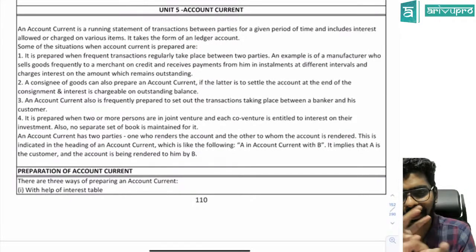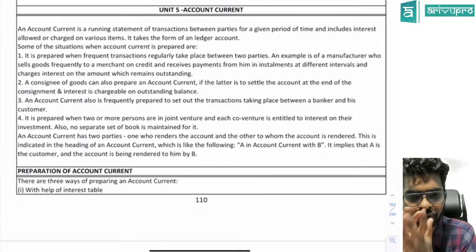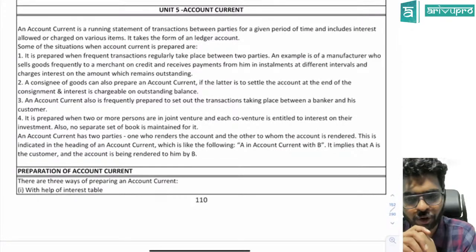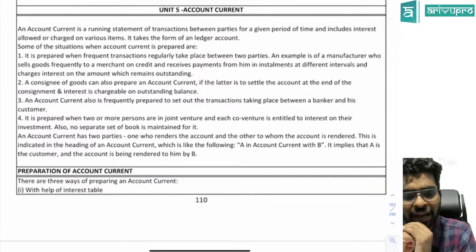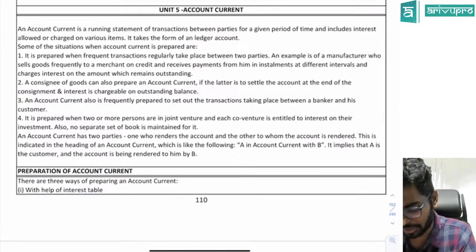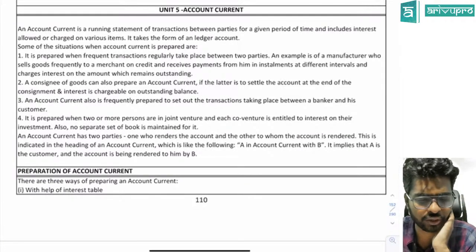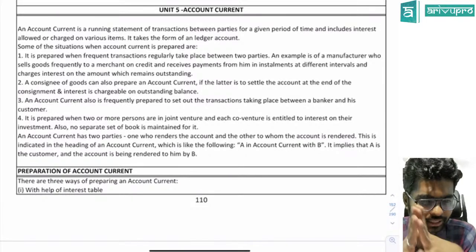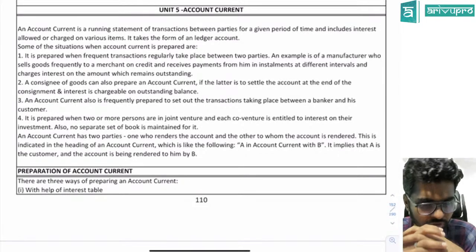Or let's say when a consignor or a consignee is happening, you would be having an account current prepared, because he'll be sending you goods, you'll be paying it at a different point of time. So between a banker and a customer, an account current happens. Or between, in case of a joint venture and a co-venture, because there are payments which are going to be happening. Now, why are we making this entire account current, and what are the ways of doing it?